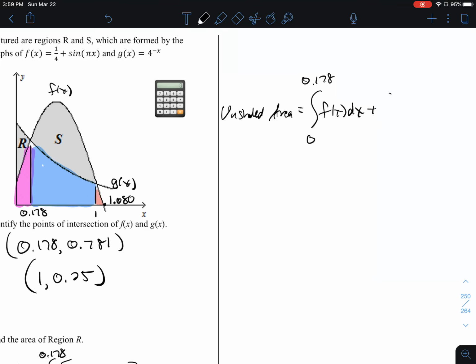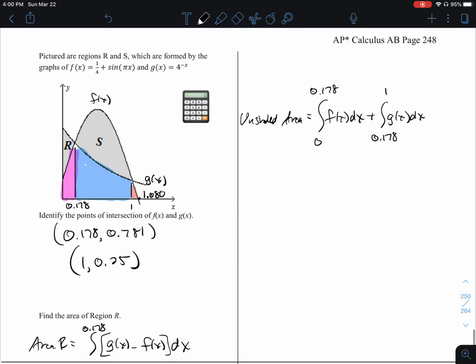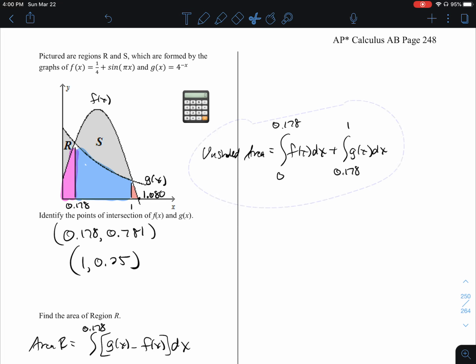And we've got to add to that from 0.178 to 1, that's function g. And then we've got to add to that from 1 to 1.080, and that's function f again.